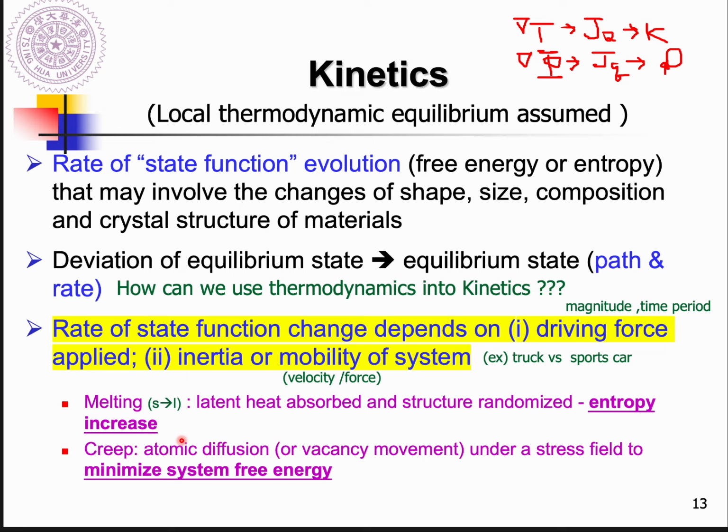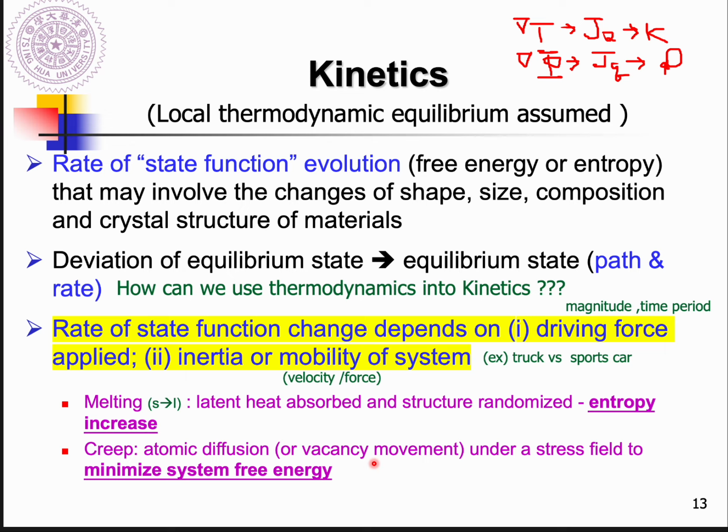Okay. And the second example we call creep. Creep means that if you have a metal bar subjected to a uniform stress, and after a while, after several years, after a long time, then we can observe this metal bar getting longer and longer and having some strain.